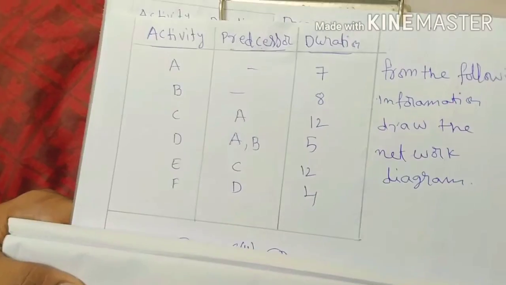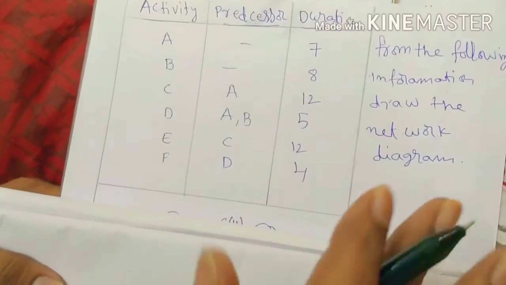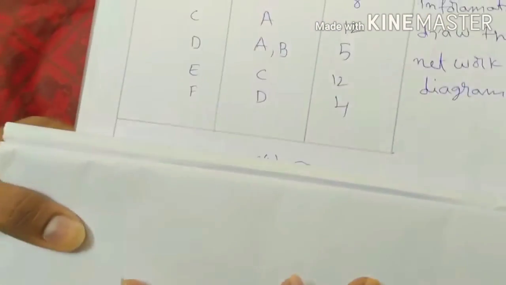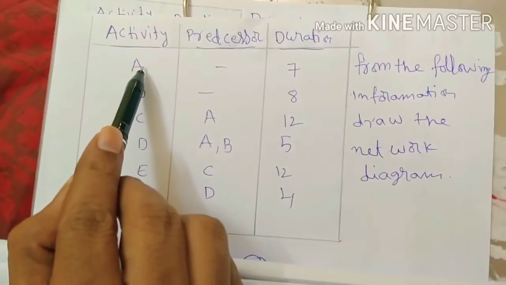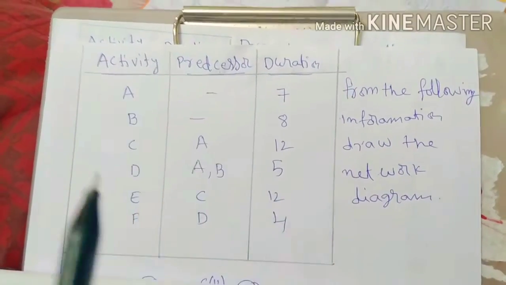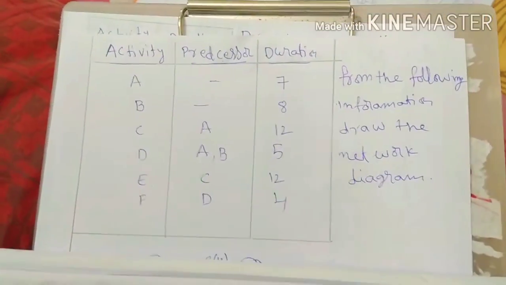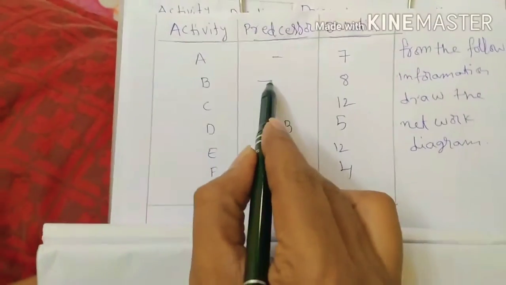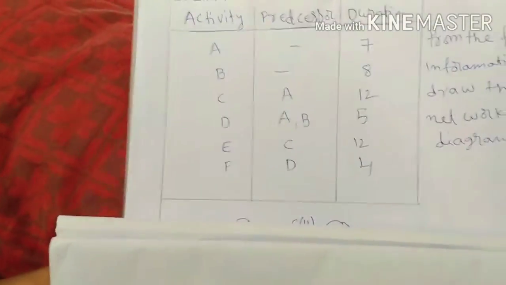So here what you need to remember is, first, initially we need to go with the rough draft. Look here, this is activity A, predecessor is not there. So A activity, B activity is there, before B also nothing is there.